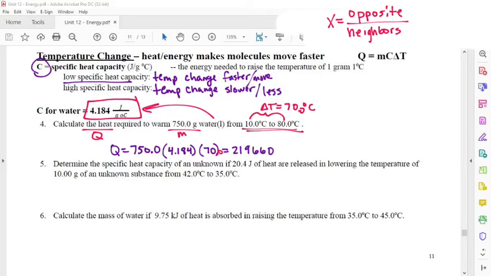So 3, 4, and 4, so I need to round this to 3 sig figs here, which means my final answer is going to be 2, well, this really looks like 2 sig figs. I could put this into some scientific notation and say this is 2.20 times 10 to the 5th, and that would be 3 sig figs, as well as making sure I have joules as my units for energy.